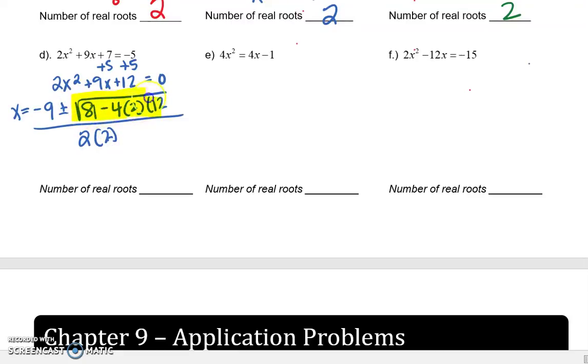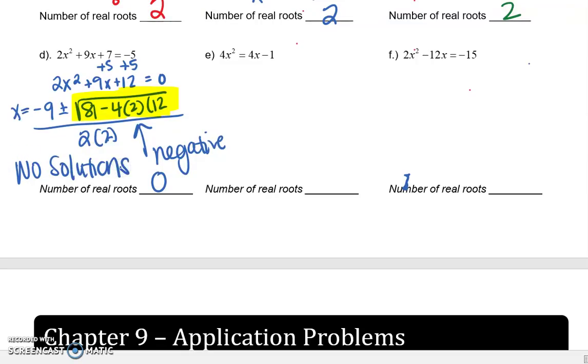Okay, plug this in your calculator. Hit pause. You will realize eventually that this is a negative number, and you're probably getting an error in your calculator. That just means the number of roots is 0, and there are no solutions. You cannot take the square root of a negative number.